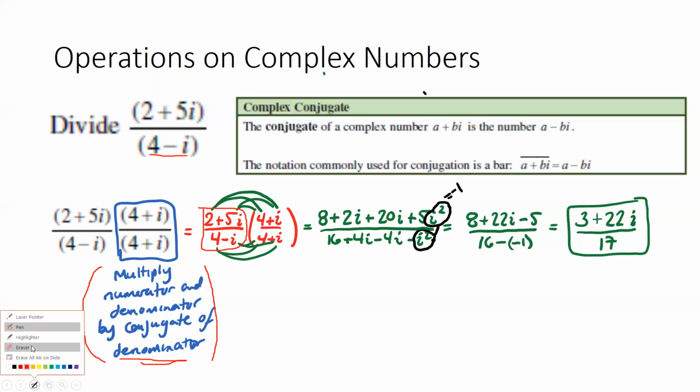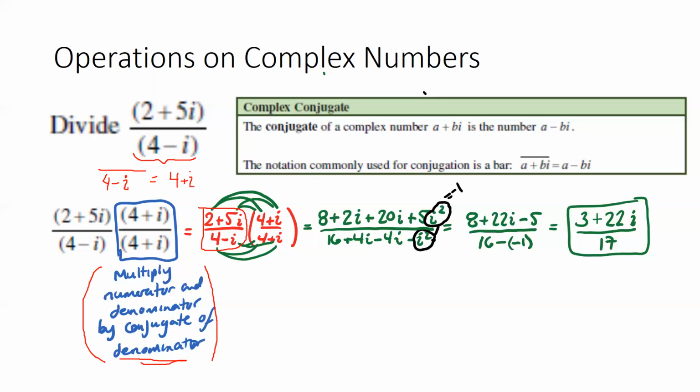So the conjugate of the denominator is 4 plus i. So what we're going to do here is multiply the numerator and the denominator by 4 plus i.